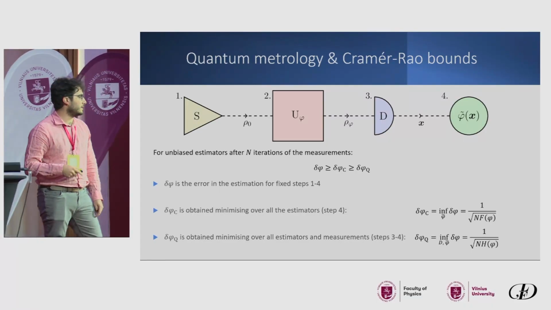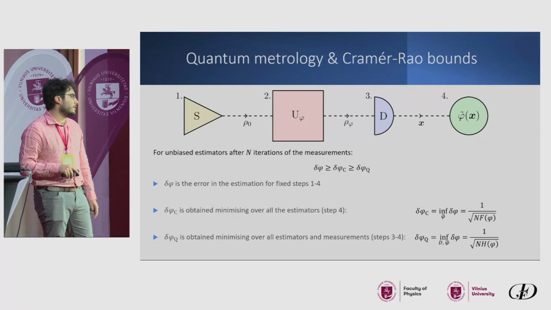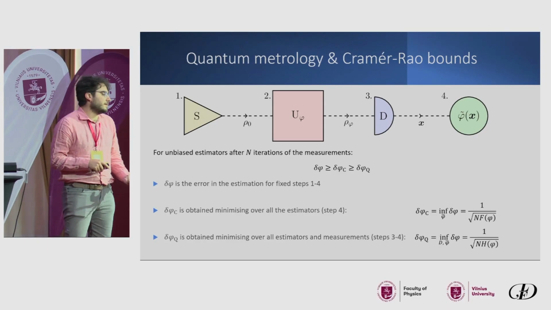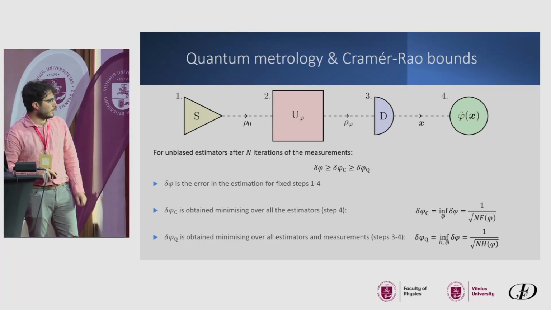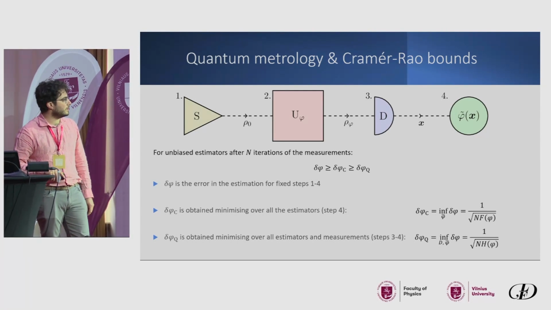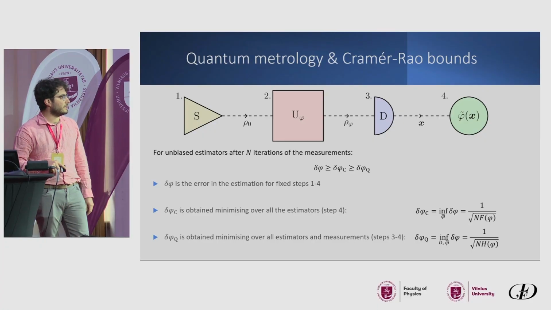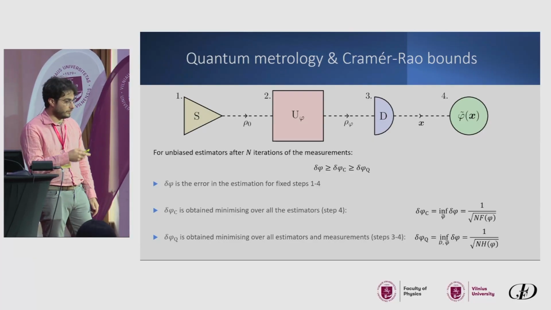The Fisher information represents the amount of information you can get in the estimation of a parameter with a given measurement scheme, whilst the quantum Fisher information is the maximization over all the possible measurement schemes. Essentially, we can say that a measurement scheme is optimal if it saturates the bound, that is, the Fisher information is equal to the quantum Fisher information.